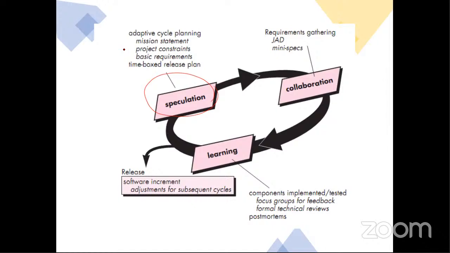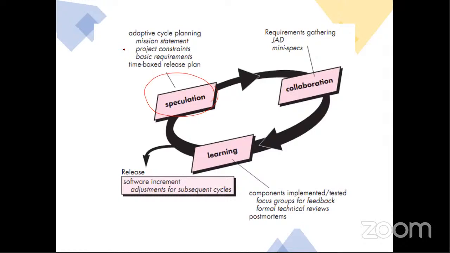This is basically the most difficult phase. And in learning, the different focus groups are used for feedback, formal technical reviews, postmortems happen on the selected release. And then the software is released as a first release. And then the subsequent phases happen.